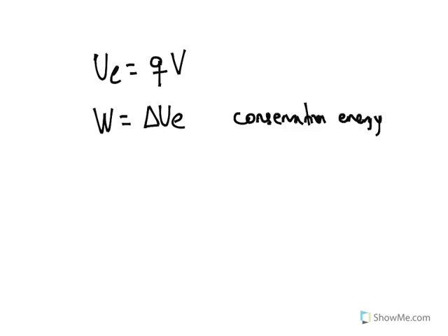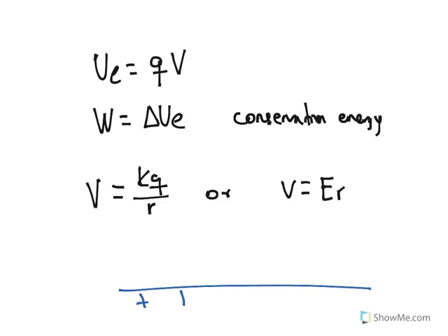And V is going to be equal to kQ over R if we have a point charge, or, if we have a constant electric field, it is going to be E times R, and we need to define our zero, and usually we define our zero at the position of the source.